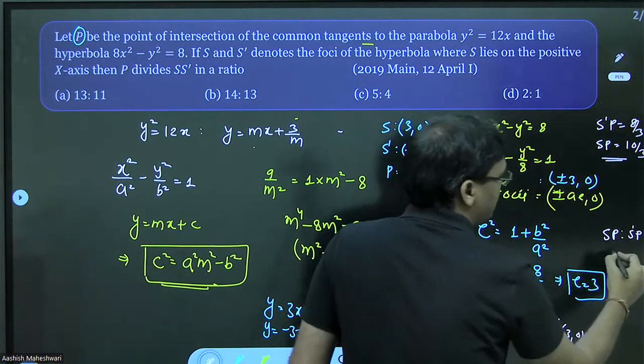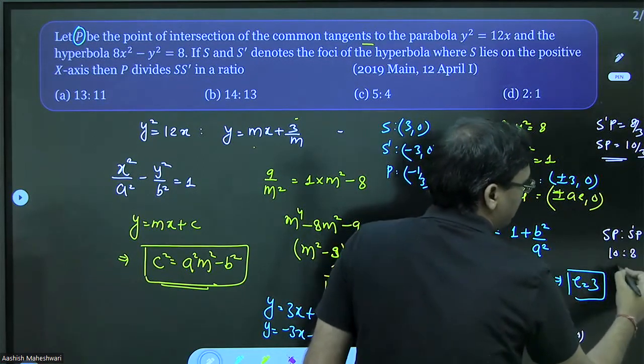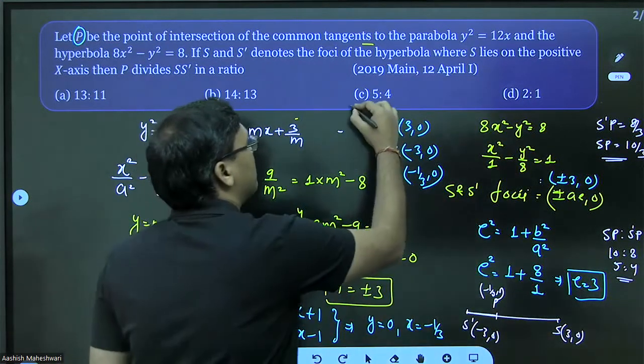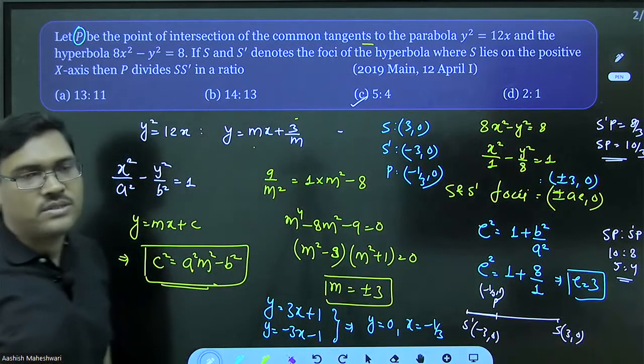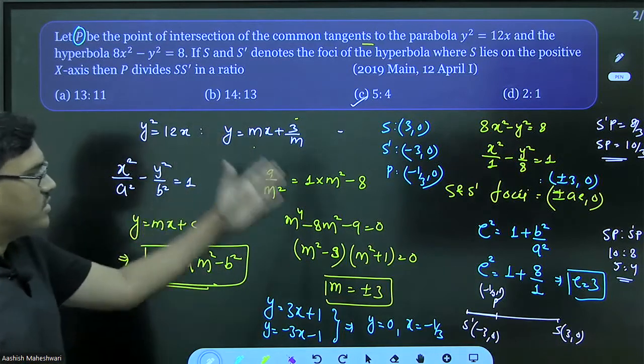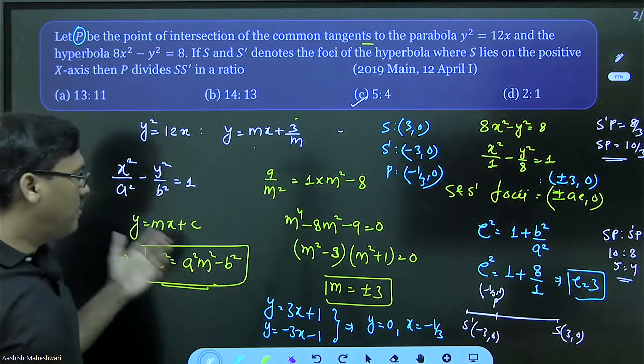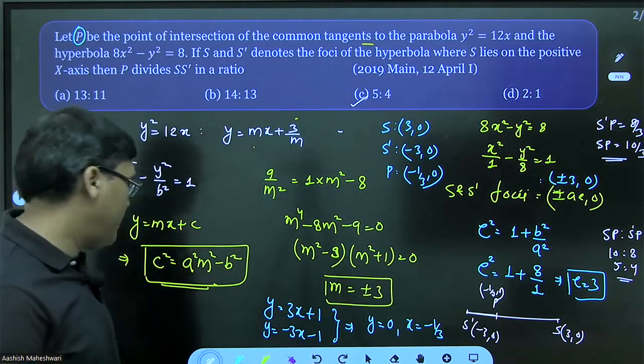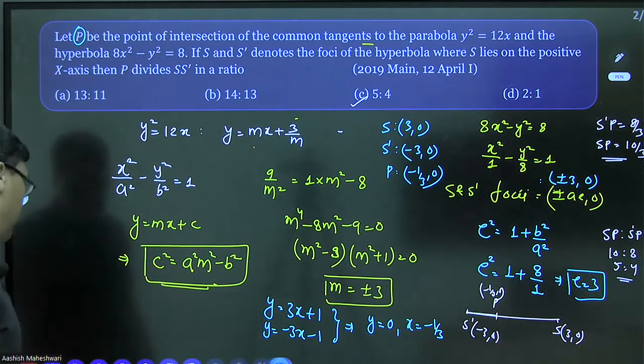If I divide this, this is 10 is to 8, which is 5 is to 4. So I hope this is clear. What is the answer? Option C is the answer for this question. It's a very easy question. The only thing is you have to find the common tangent point of intersection. You should know how to find the common tangent equation. Okay, pretty simple question.